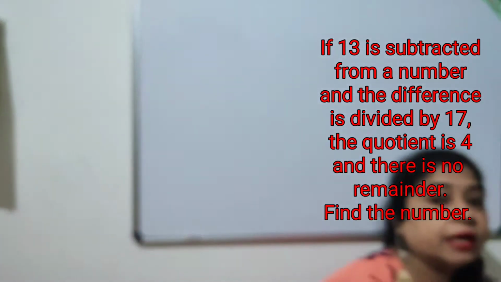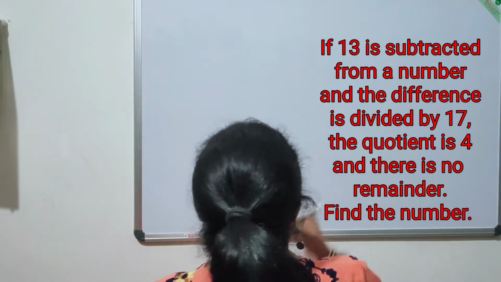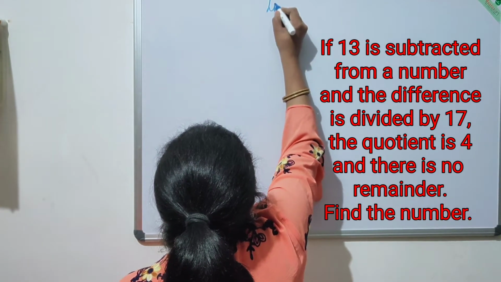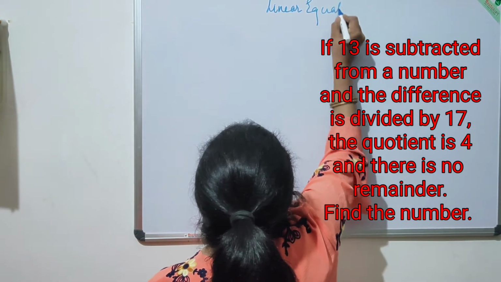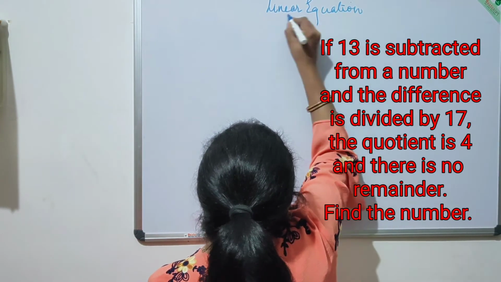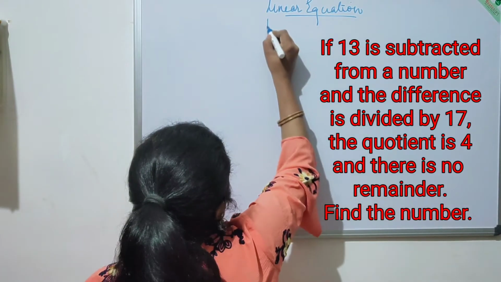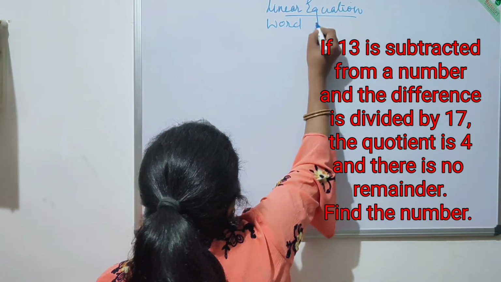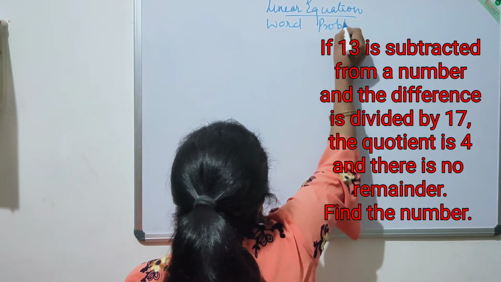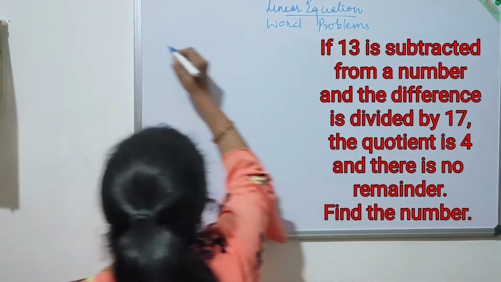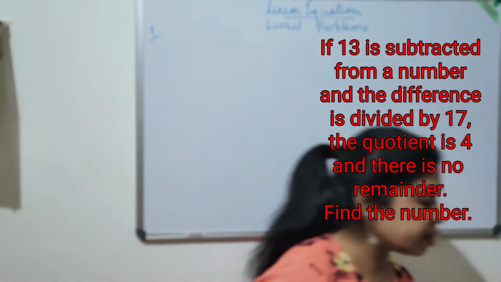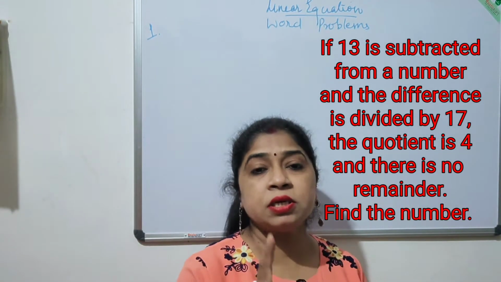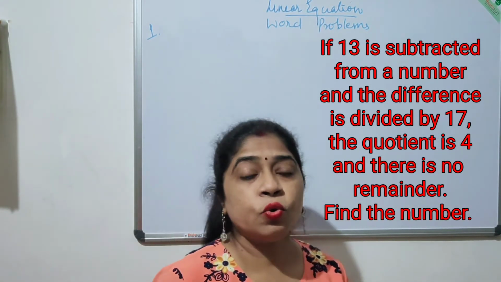Let us first write down the name of the chapter. Word problems. 1. The question is, if 13 is subtracted from a number, we don't know what the number is.